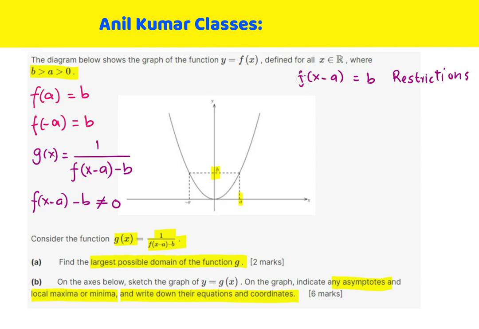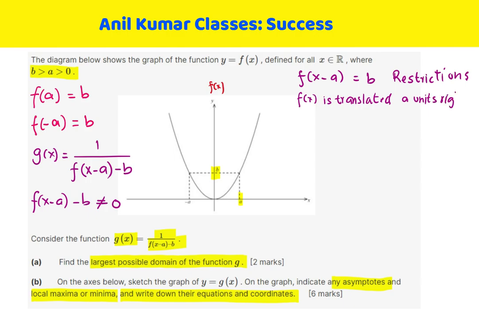Now, what is f of x minus a? F of x minus a, let's try to understand this part, means the graph of f of x, which is given to you. Let me write down the equation given to us as f of x, and now we're looking into f of x minus a. X minus a means that f of x is translated a units right.